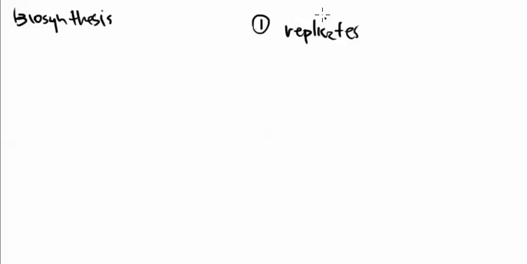The next thing that we have to talk about is this thing called transcription. Transcription is important because when we think about the word transcribe, we're probably relaying some type of message to somebody, right?